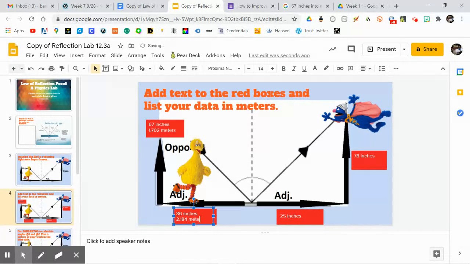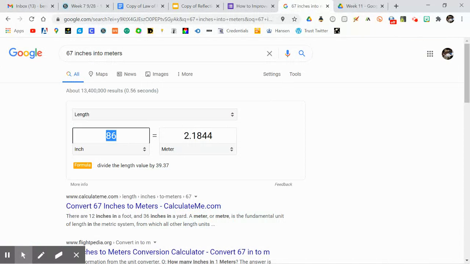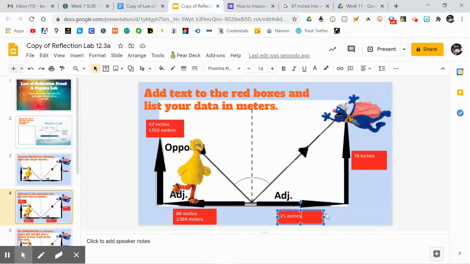Okay. 25 inches. Let's see, 25 inches is 0.635 meters, or 63 centimeters.